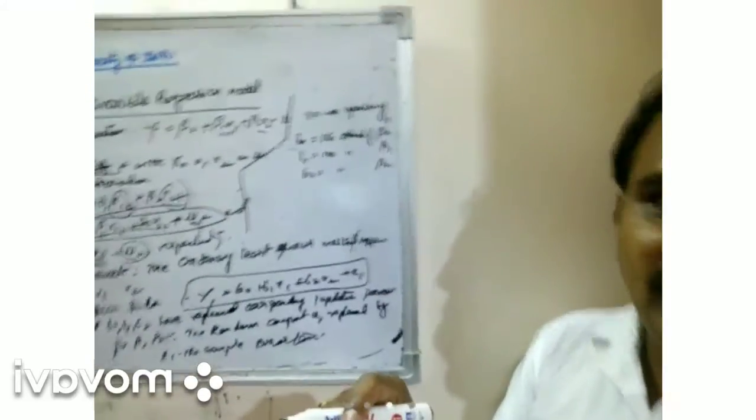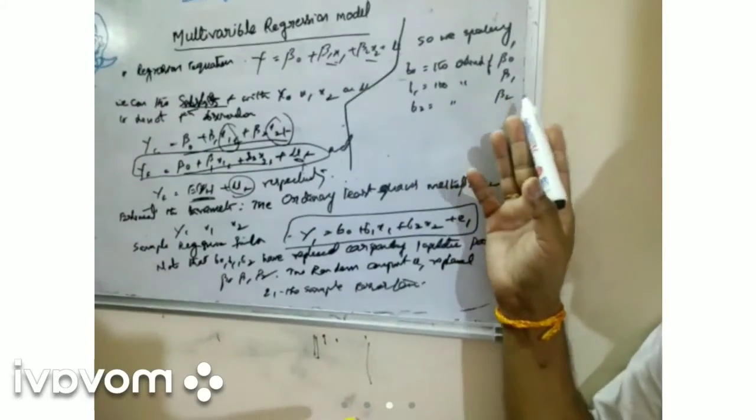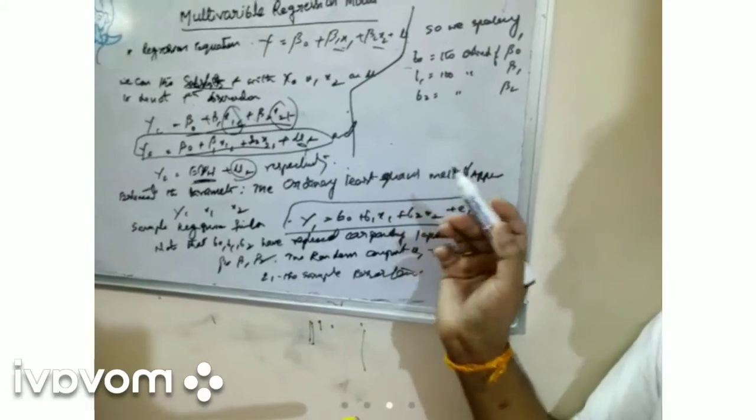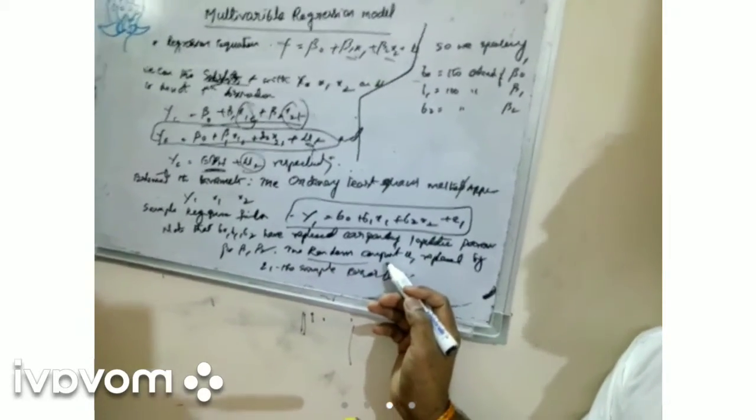So here we have to replace these estimations of b0, b1, b2 into the non-random component, and the other one you can replace with a random component.